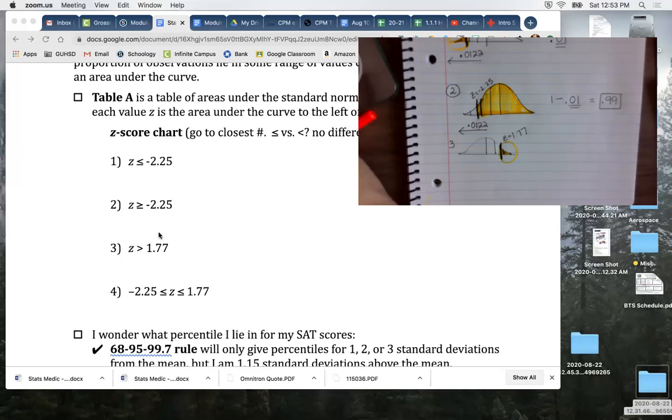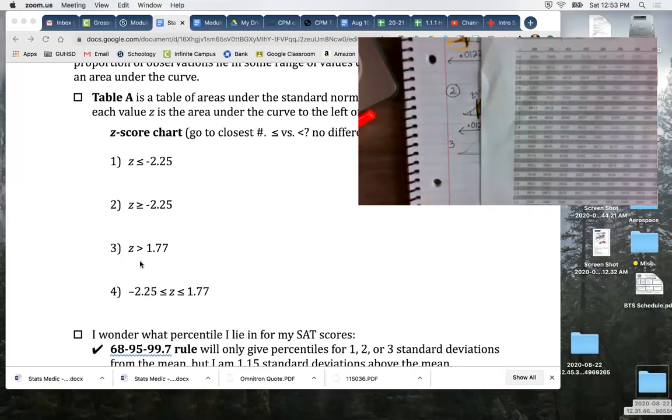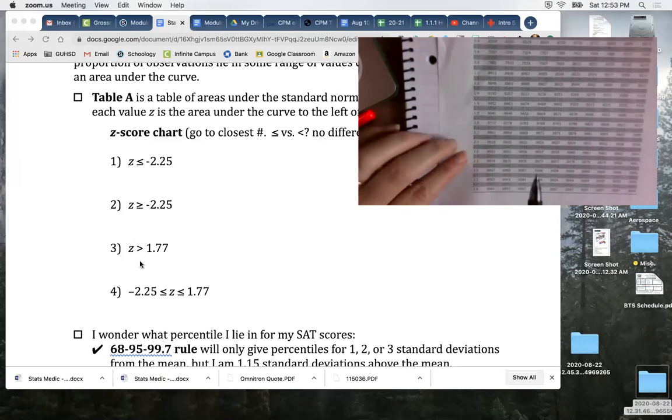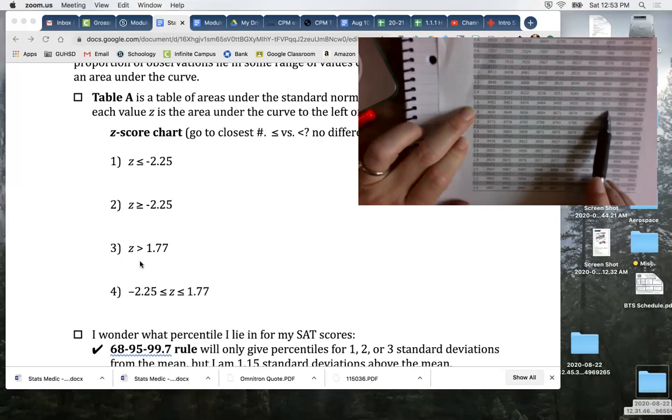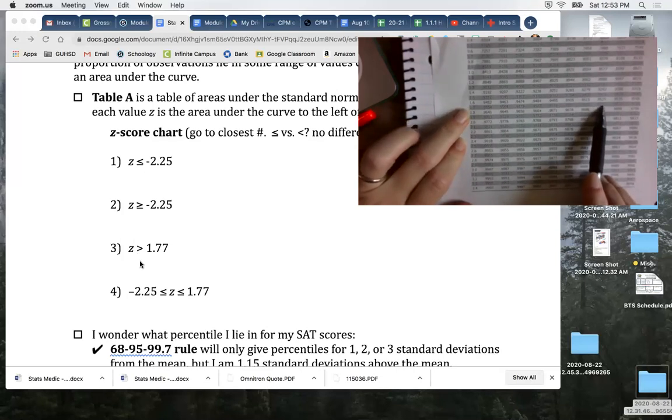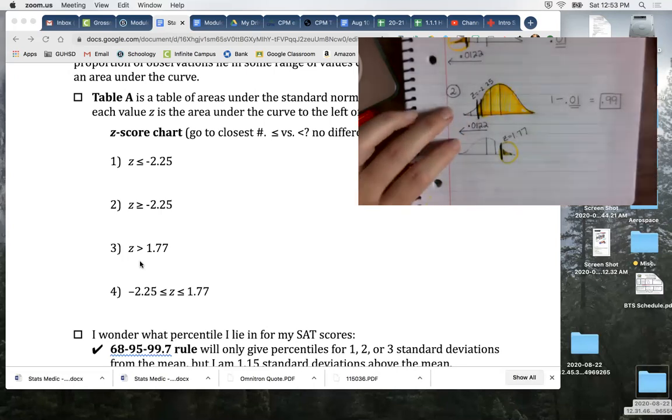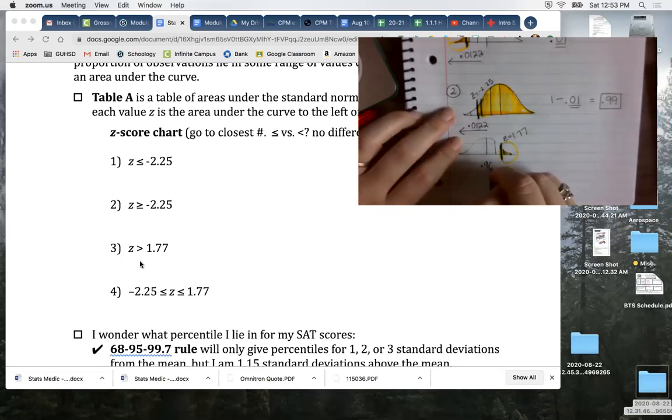So we actually don't care in this context whether it's greater than or equal to or greater than. So just so you guys know, you don't calculate this any different. I still go, except this time on the positive side, I would go to 1.7 and then follow it all the way over to 7, and I get 0.9616. That's where that value lands.